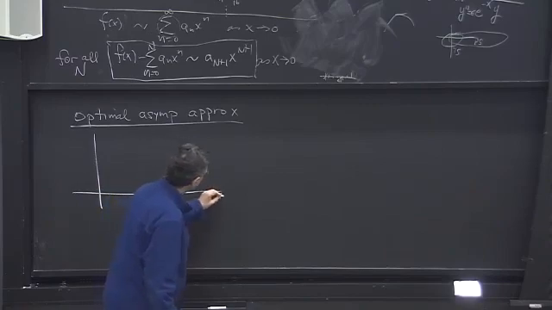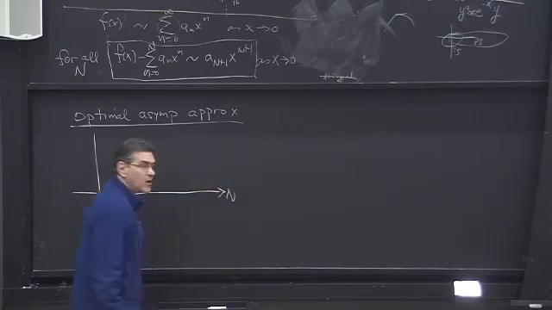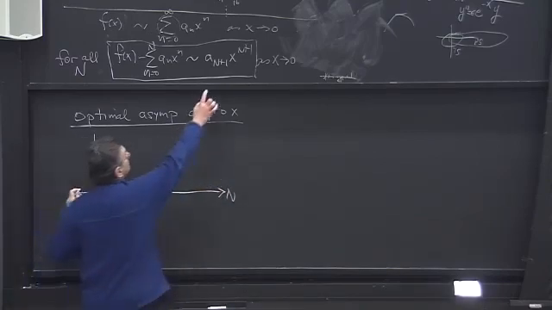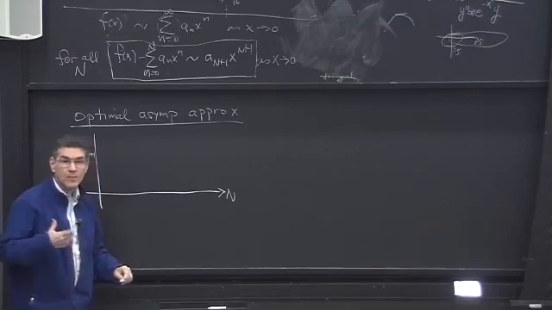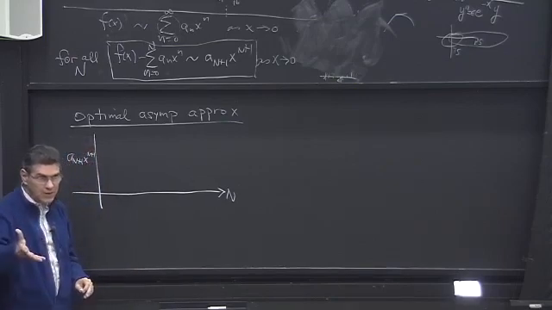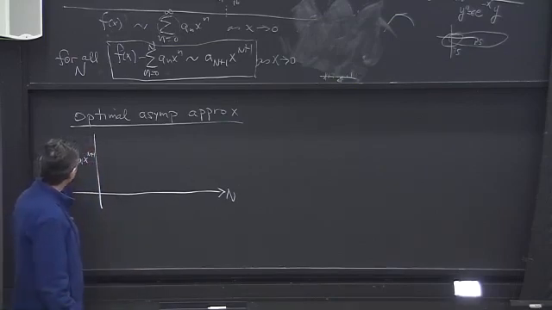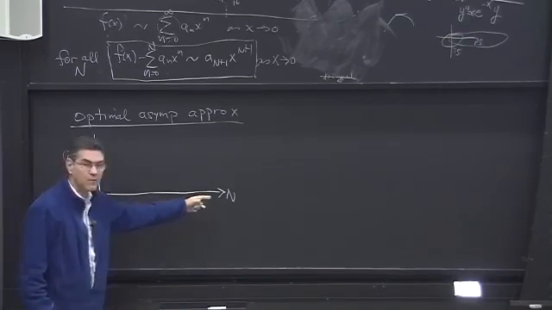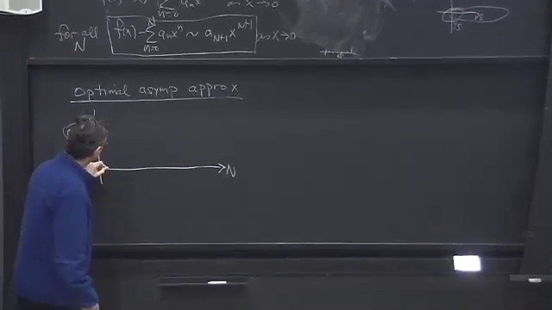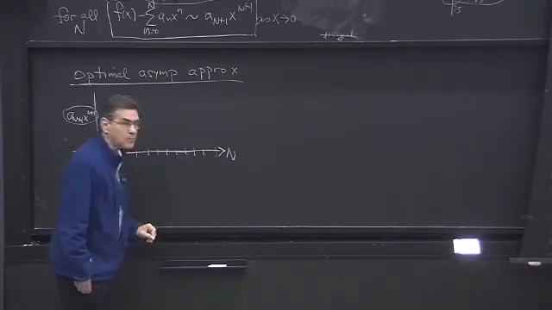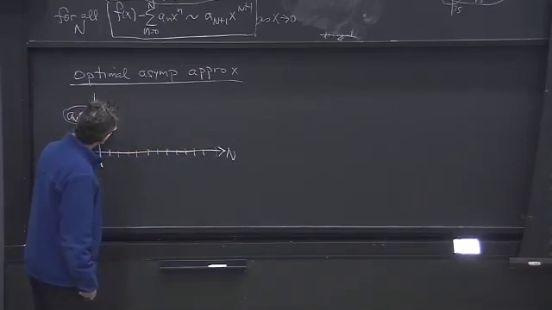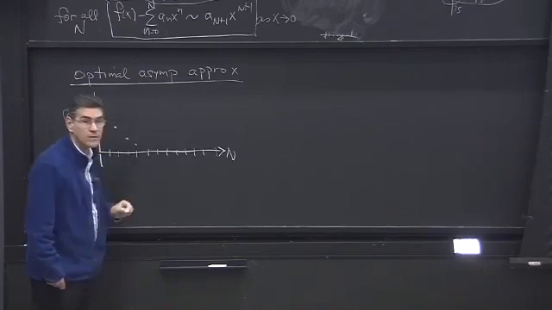Typically, if this is n, and you make a plot of this term here, a sub n plus 1, x to the n plus 1, for a particular fixed value of x, as a function of n, what you see is that the terms in the series get smaller for a while.